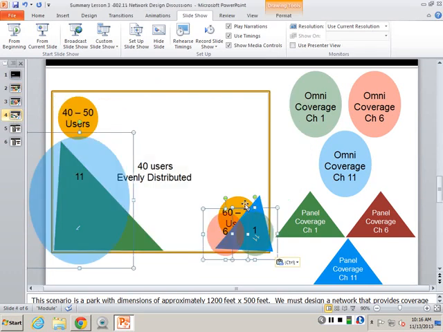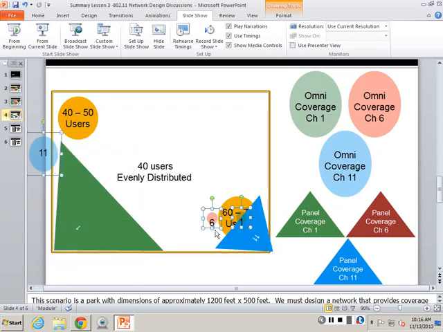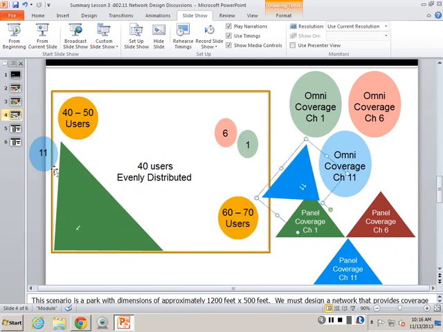Okay, so if we size these way down, maybe not that far down. Looks like a cough drop. And let's see, I'm working this without my notes, but cover these with omnis pretty close in.